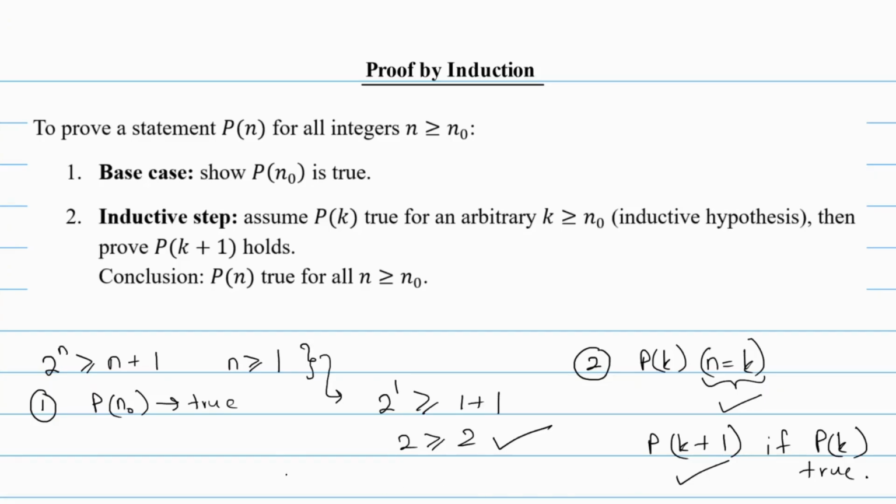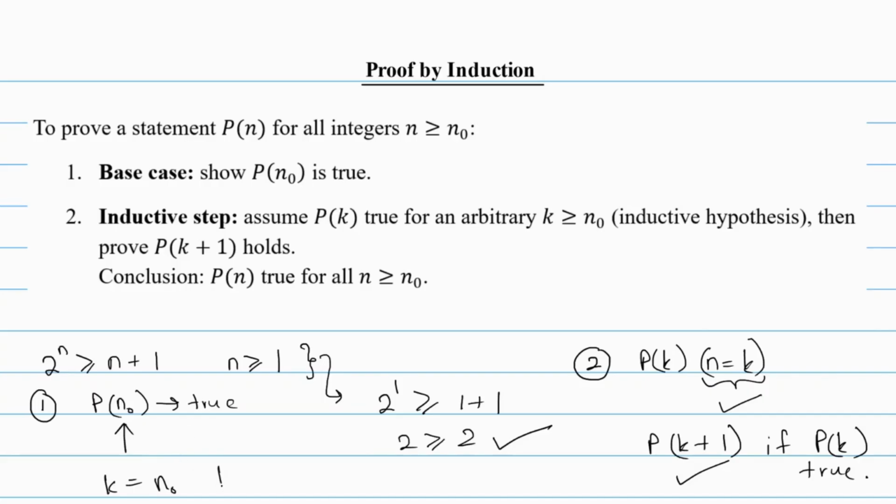Basically how this happens is, if we are able to prove that for the base case this is true, and then that if P(k) is true then P(k+1) is also true, that means it is true for all values after n0. Because if k was equal to n0, we had already proven that it is true.